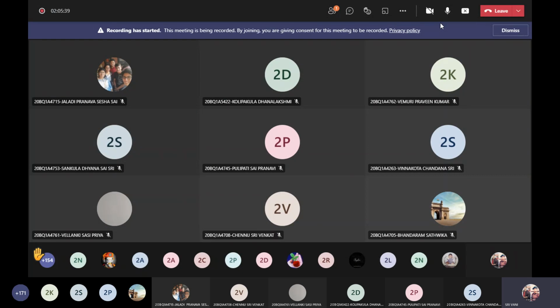Either potential or velocity. Yes, potential. So what is de Broglie wavelength in terms of potential? 12.26 by root V Angstrom.